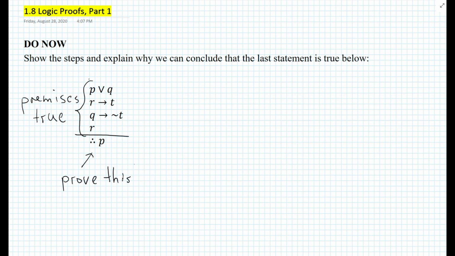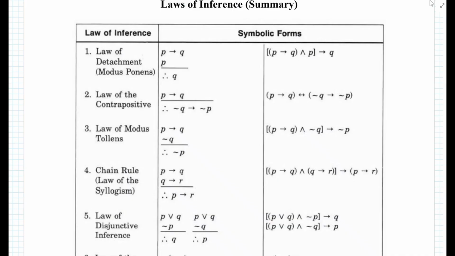Okay, now how do we do that? The way we do it is to use all the laws of inferences that we have learned so far. As you remember, we learned 10 laws of inferences. In the previous video, we summarized all the laws of inferences. For example, the law of detachment or modus ponens. Then we have the law of contrapositive, the law of modus tollens.